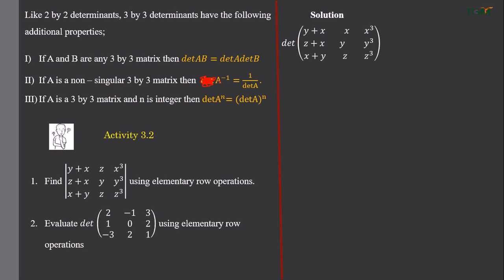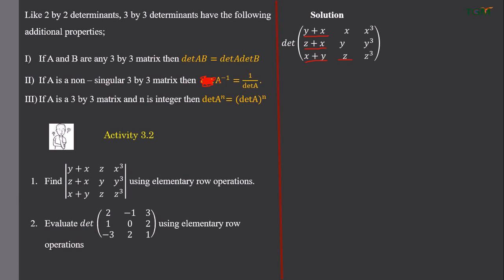So in this column, we should make sure that we have a 1 here, and 0 and 0 below. It doesn't matter with the rest of the entries.